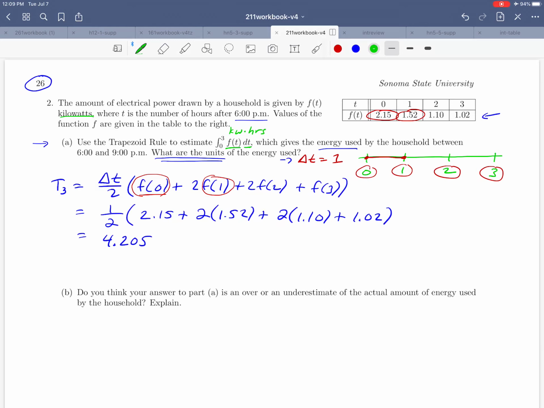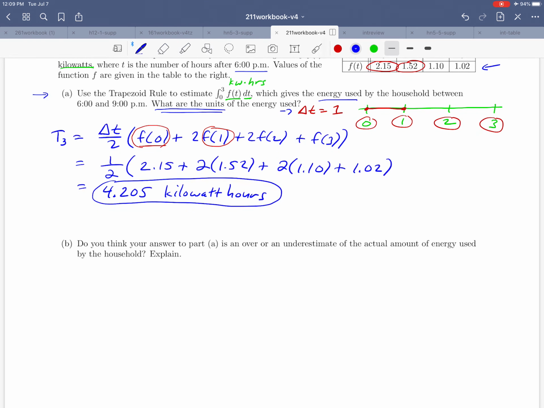Hours. So if you take those two units and multiply them together, you get kilowatt hours. Have you ever heard that unit before, kilowatt hours? That's a unit of energy, and you may have seen that on your electric bill. You pay for the number of kilowatt hours that you use.